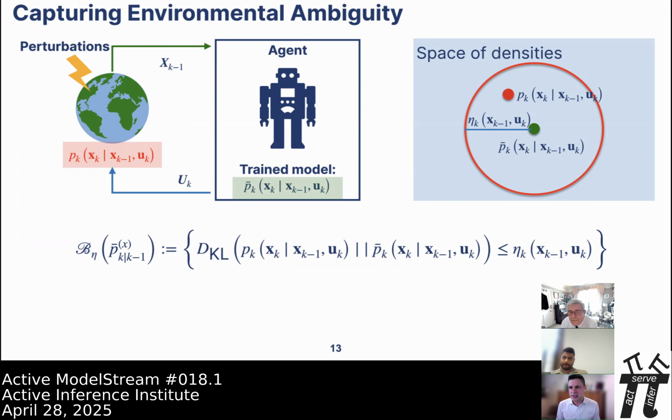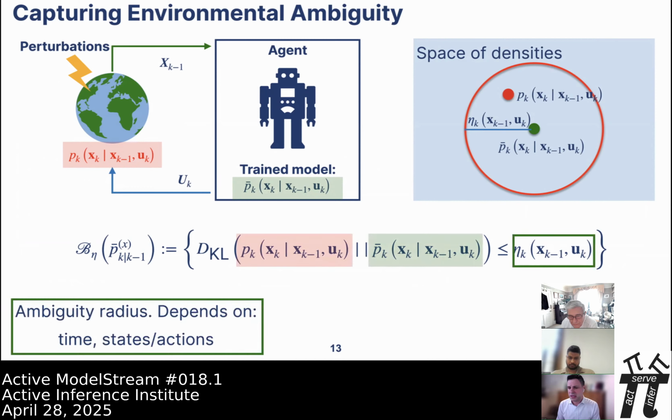We can formalize things a little bit more. There are some technicalities, for which I refer interested readers to the paper. Basically this set, this circle, is the set of all probability densities that have Kullback-Leibler divergence from the nominal model of at most eta. Again, eta is an ambiguity radius that quantifies how ambiguous the training model is, and it can be state dependent, time dependent, and action dependent.